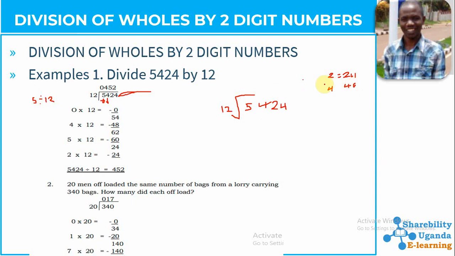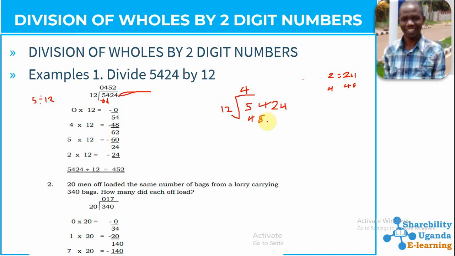So this simply means, if we divide 54, how many times does 12 go in? If we try our 4, 4 times 12, we get 48.